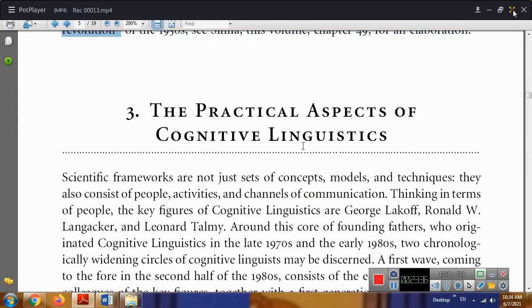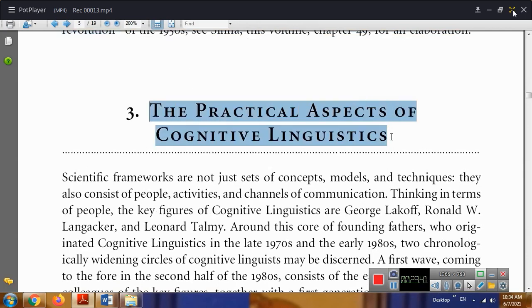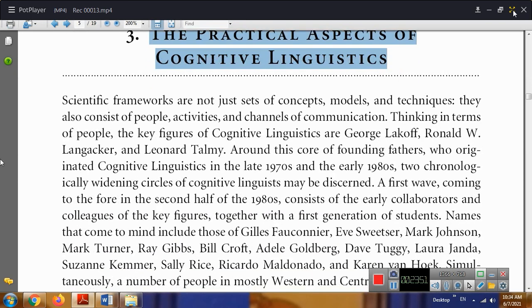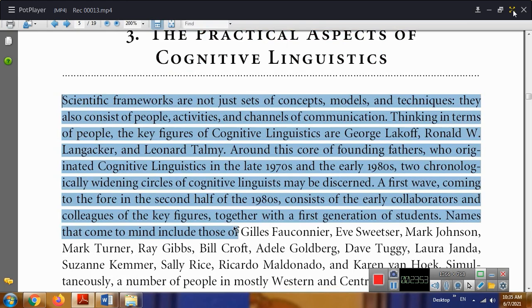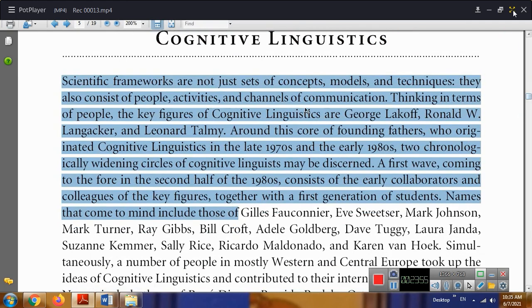What about the practical aspects of cognitive linguistics? We told you about the theoretical aspect of cognitive linguistics, but here about the practical aspect of this theory. Scientific frameworks are not just sets of concepts, models, and techniques. They also consist of people, activities, and channels of communication.